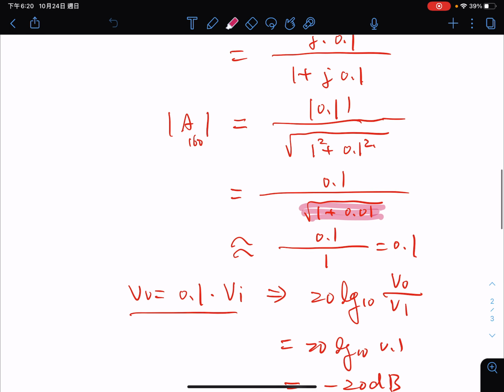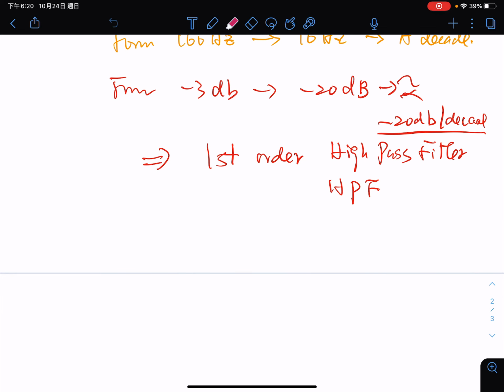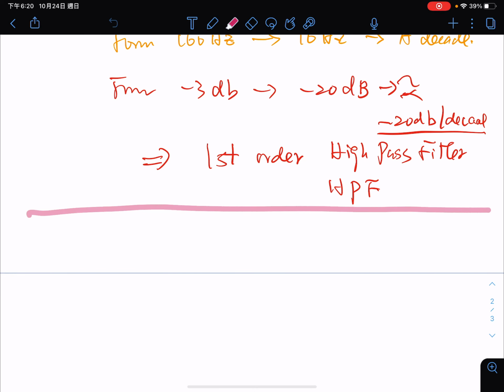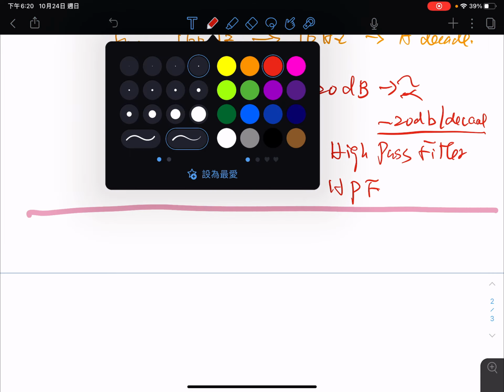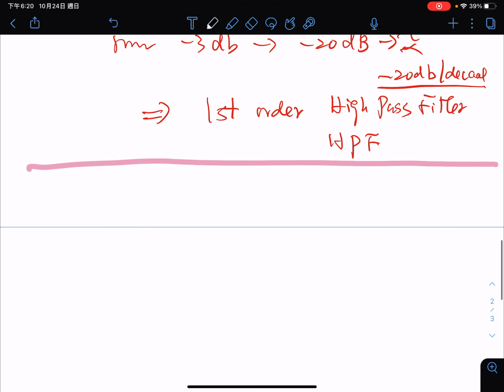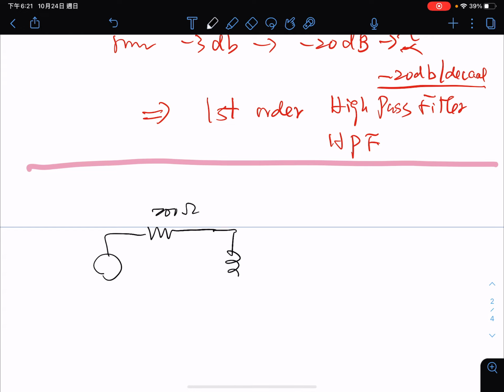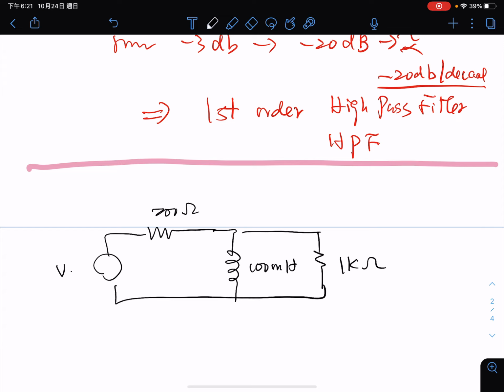So for this one, let me redraw the circuit. The circuit will be 200 ohm. We have a capacitor here, we have an inductor here, 100 millihenry. We have 1K here. And this is V in.